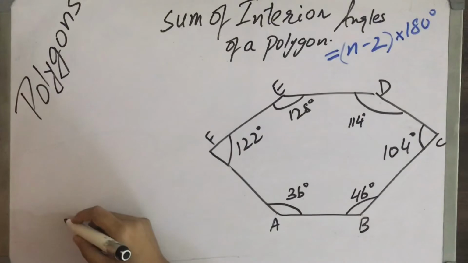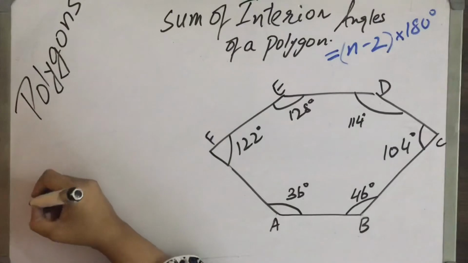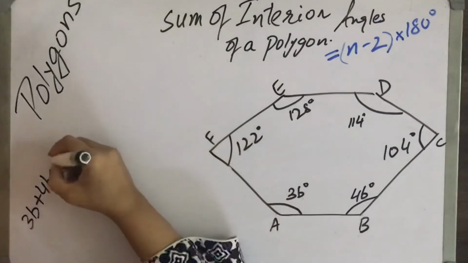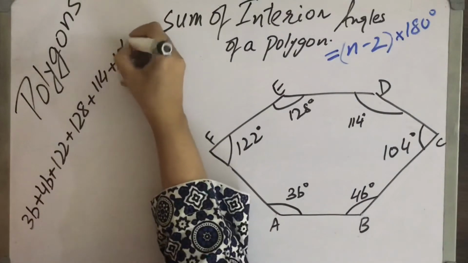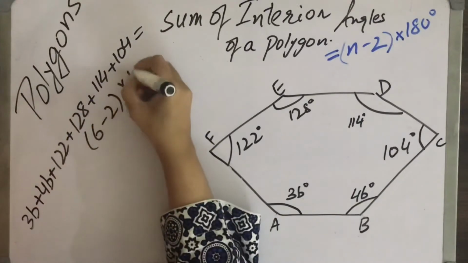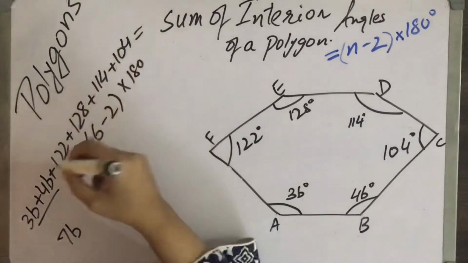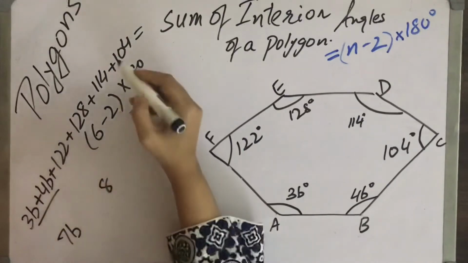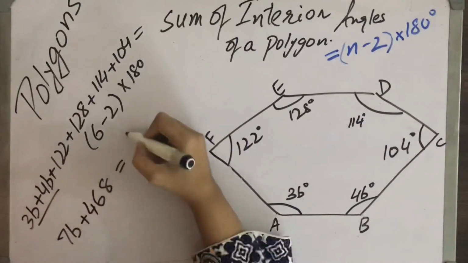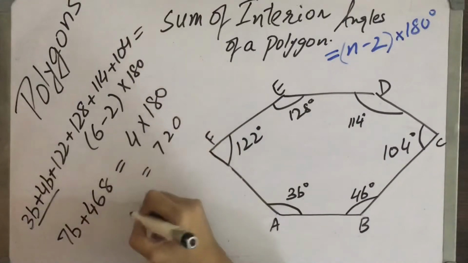Another example, a six-sided polygon A, B, C, D, E, F, 6 angles. So we shall add 3B plus 4B plus we have 122. The sum of all these 6 will be (6 minus 2) into 180. 3B plus 4B will give me 7B. When I add these, it is 468, and on this side when I multiply 180 by 4, it is 720.